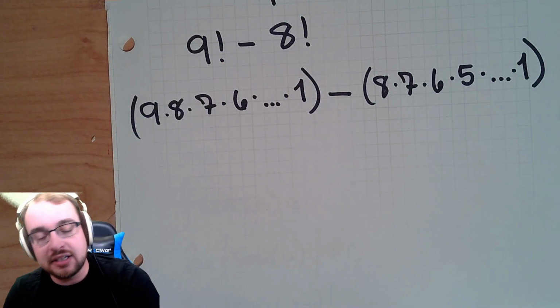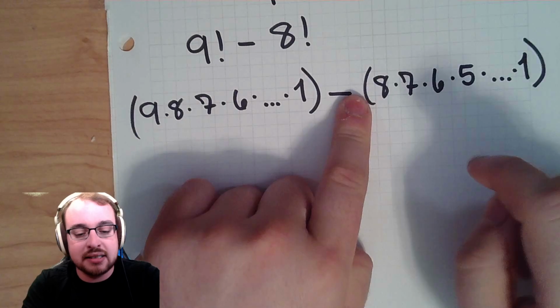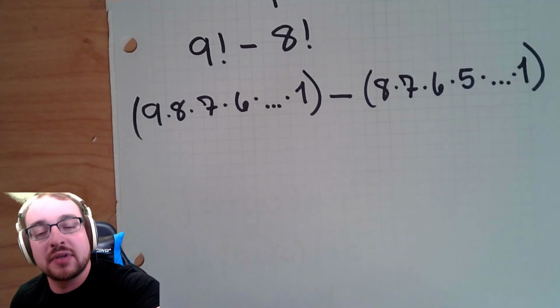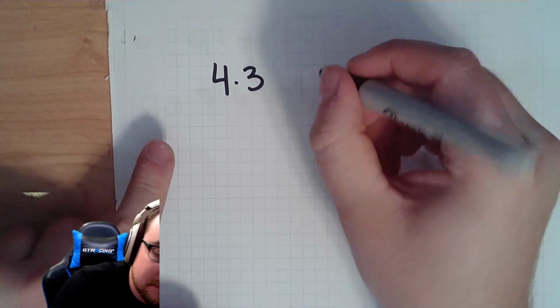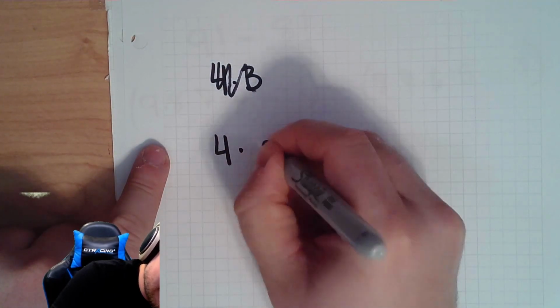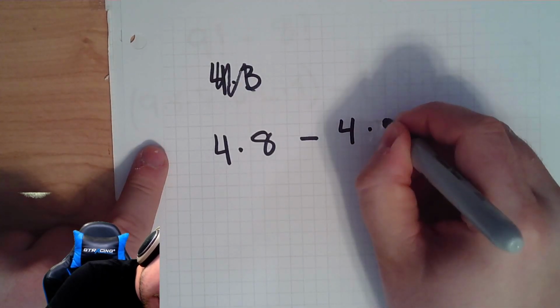So when we subtract these, things aren't going to divide out. And things aren't going to cross off because we're subtracting from this. So let me show you why those 8s won't just cross off and become 0, because 8 minus 8 is 0. Imagine I had 4 times 8 minus 4 times 3.